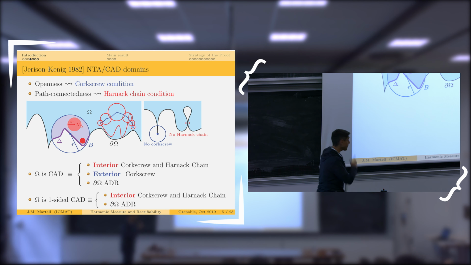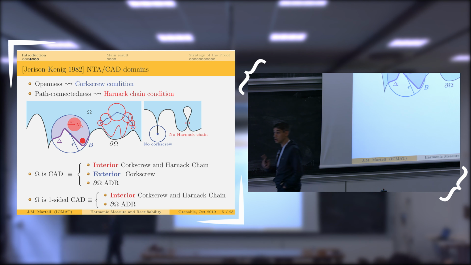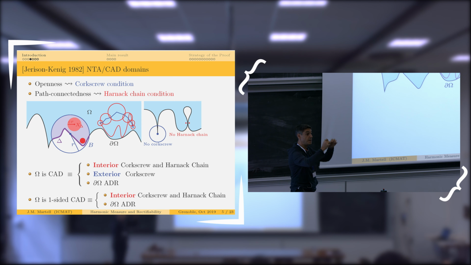Okay? So this is the corkscrew condition. The corkscrew condition must be understood as a scale invariant openness, right? So it's a quantitative way of seeing the domain to be open. Okay, and we can do the same with connectivity. So path connectivity says that given two points, you can find a curve. You don't know whether the curve is too long depending on the points.